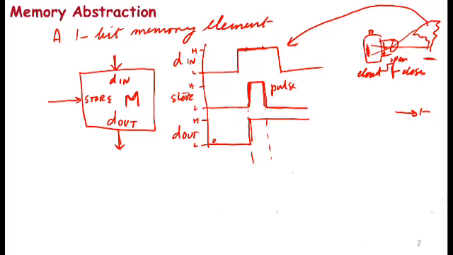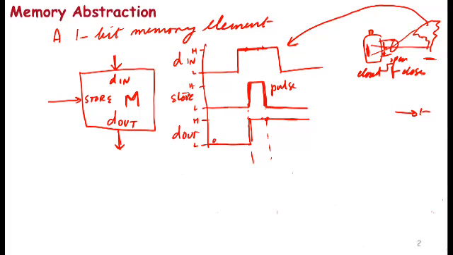And then when the store pulse goes away, whatever value was at the input gets stored in the memory cell, and that continues to be held inside the memory cell. Fundamentally, when the pulse goes away, the last value that the memory cell saw before the pulse went down to 0 is what is eventually stored in the memory cell.